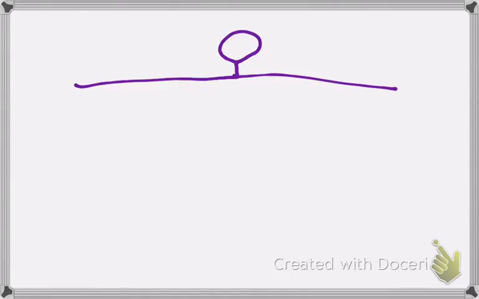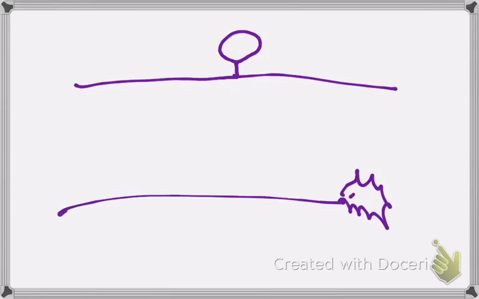All right, so I'm going to draw two neurons, and first thing I'm going to ask you to do is tell me what kind they are. Okay, what's the top one? That's a unipolar or pseudo-unipolar. And what about the bottom one?